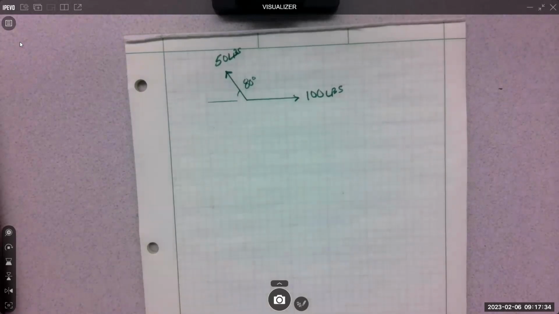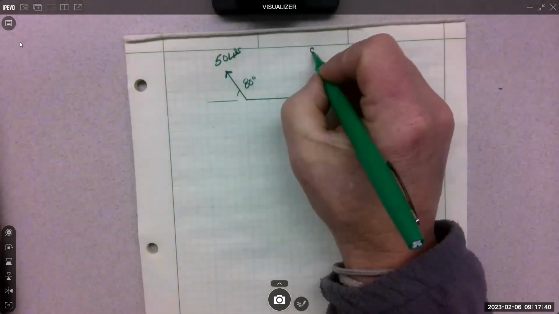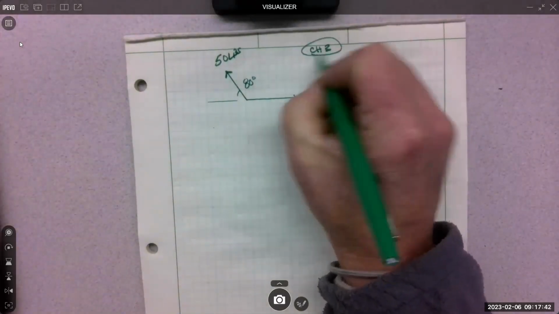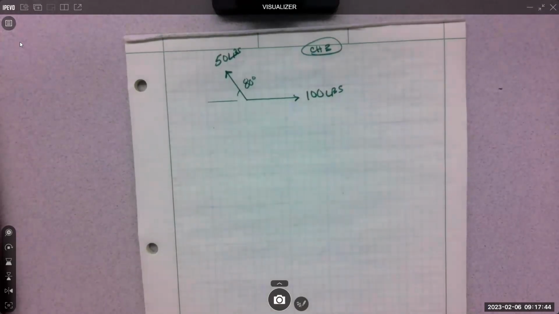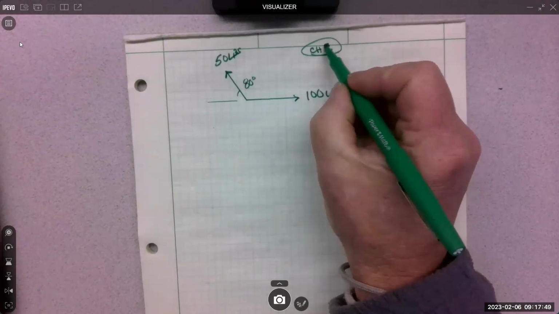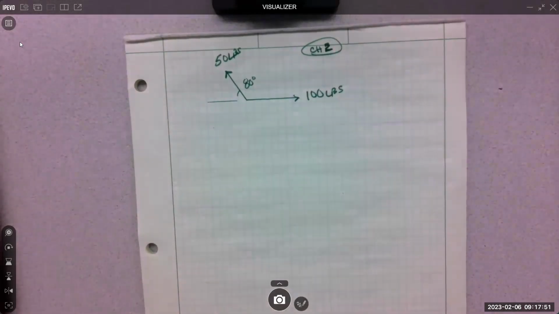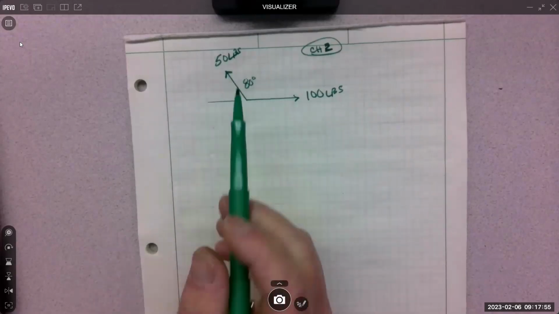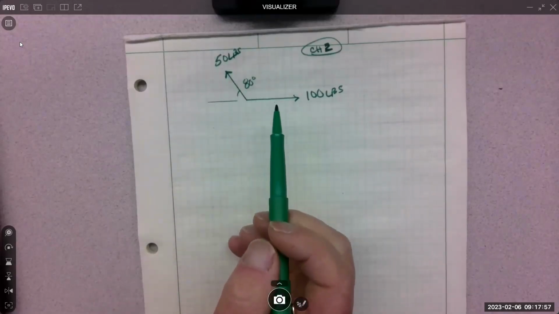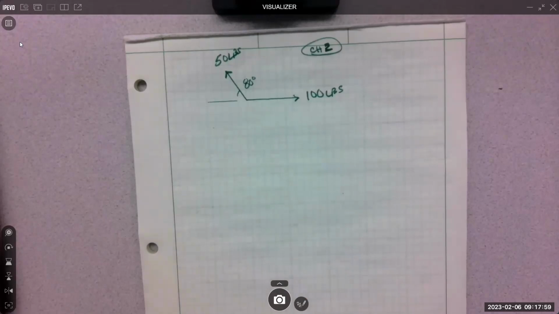That was a concurrent force system where the forces all come from one spot. That's like chapter 2 or so. Chapter 3 was non-concurrent. And what we did was we found the resultants here. We said, those two add up to some vector.